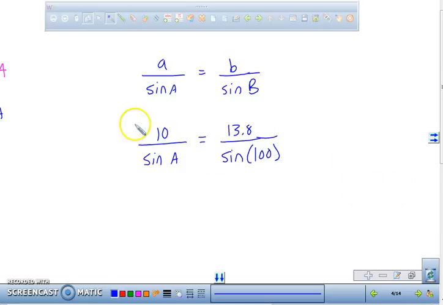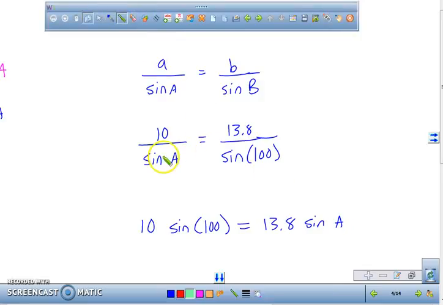Alright, good. Now if we cross multiply these, this is actually faster, right? If we do the cross products, we get 10 sine of 100 equals 13.8 times the sine of A.